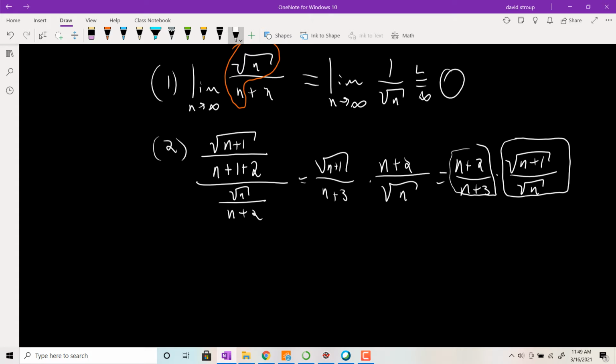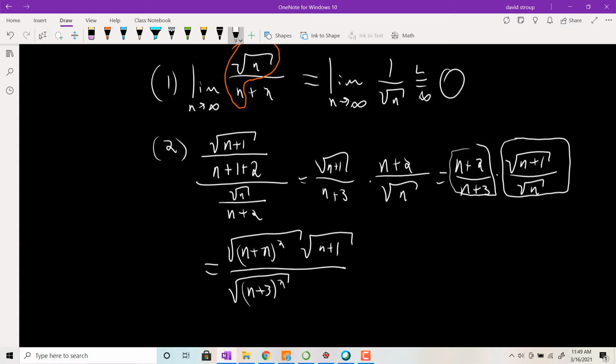But if you want to see how to do it this way, I guess you could say, all right, n plus 2 is the same as the square root of n plus 2 squared, times the square root of n plus 1, and then you have all over the square root of n plus 3 squared, times the square root of n. So it kind of gets rid of the square roots, and all you're doing is comparing polynomials to see if the top is less than the bottom.